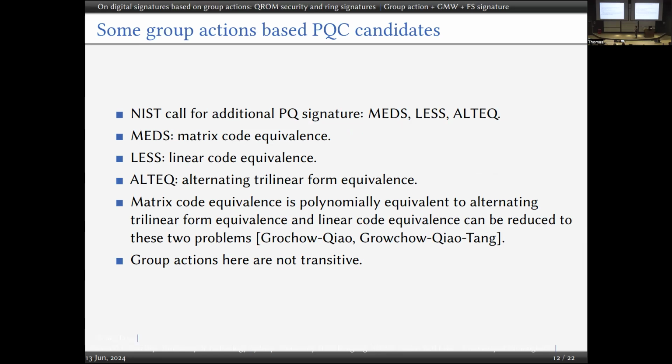Very interestingly, these three problems are highly related. Matrix code equivalence is basically polynomial-time equivalent to alternating trilinear form equivalence, and linear code equivalence can be reduced to these two problems. One thing I want to mention is that the group actions in the general linear group are not transitive.